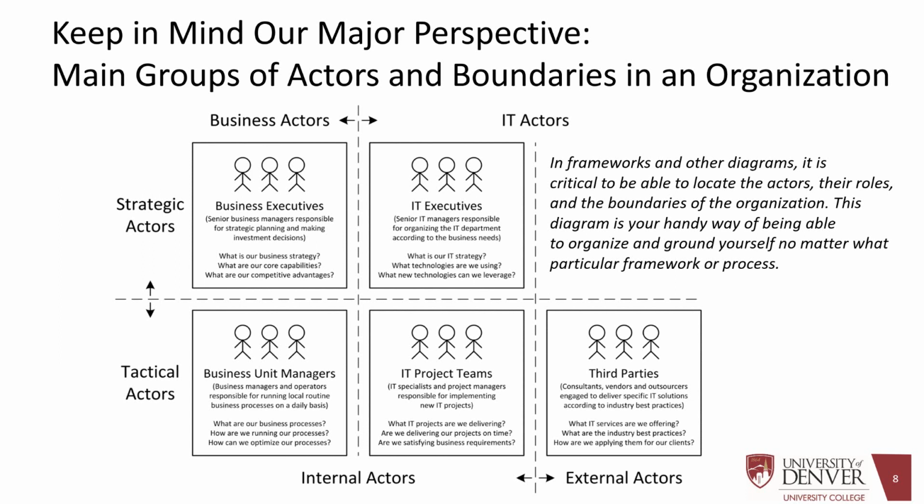Where's the IT? Where is the thinking and strategy at the business layer? And where is the thinking and strategy at the IT layer? Then as you zoom into it, you get more tactical. And then third parties, people who are helping out, contractors, et cetera. So keep that in mind.